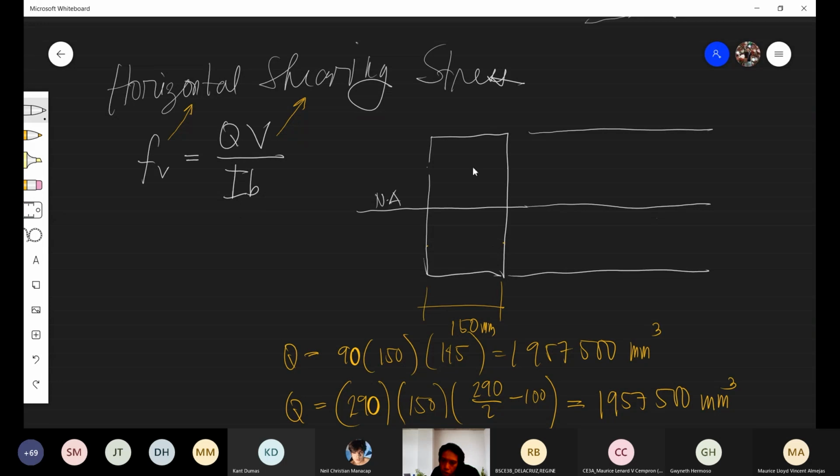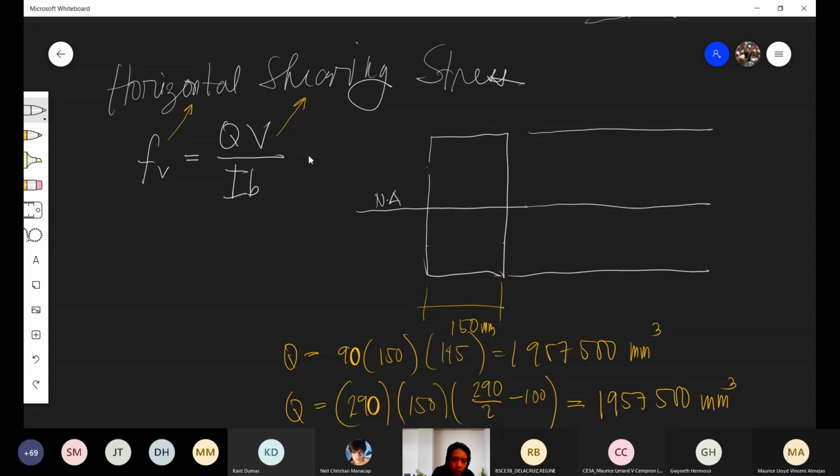Your B, since this is just a rectangular beam, is also constant. Your V, the shear force on this section, is also constant. V varies from section to section, but within a single section it is constant all throughout the fiber.